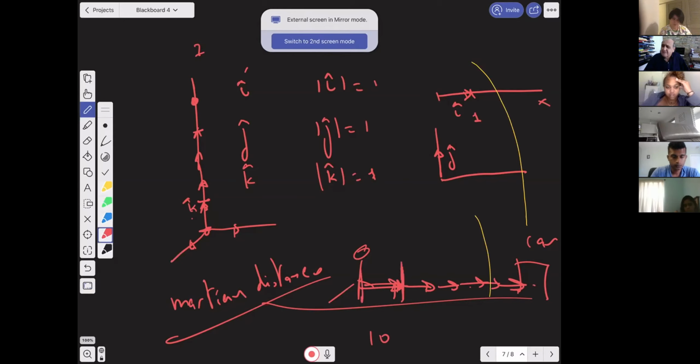I don't mind, it's a Martian unit. But now it calls my cousin and says, let's do a comparison. What is a Martian unit compared to 1 meter? So you put it here and you see, oh, 1 meter is half of 1 Martian unit. So is this a unit or is this a unit? Well, for the Martian, this is the unit. And for me, this is the unit.